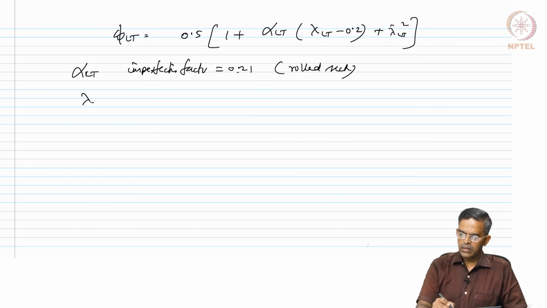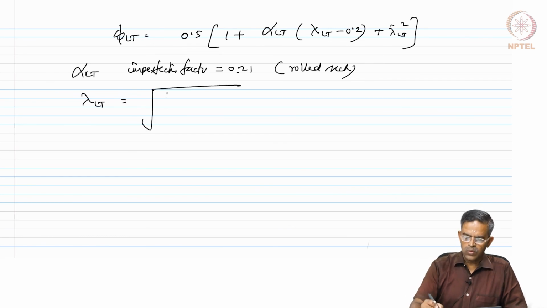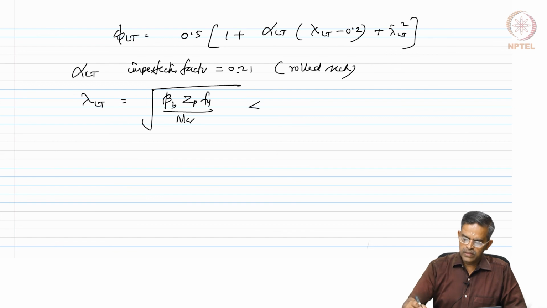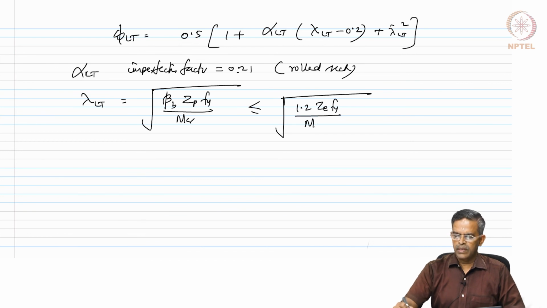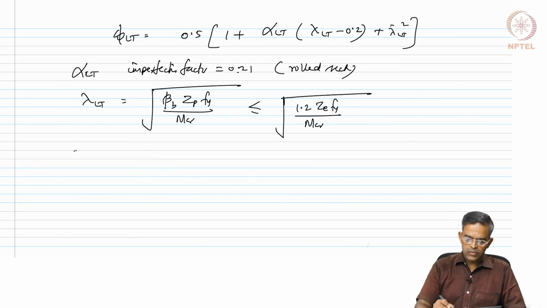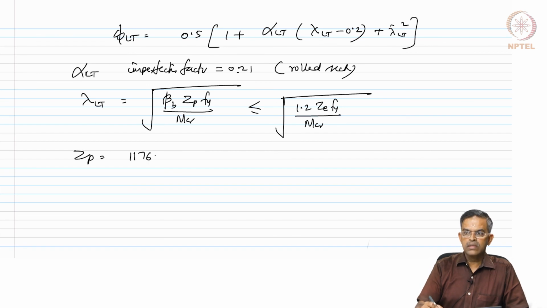Let us calculate lambda LT, which is actually equal to square root of beta B Zp fy by Mcr, which is less than or equal to square root of 1.2 Ze fy by Mcr. So, let us see what is Zp? 1176163.26.